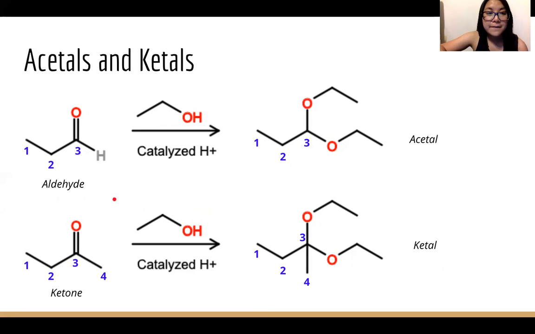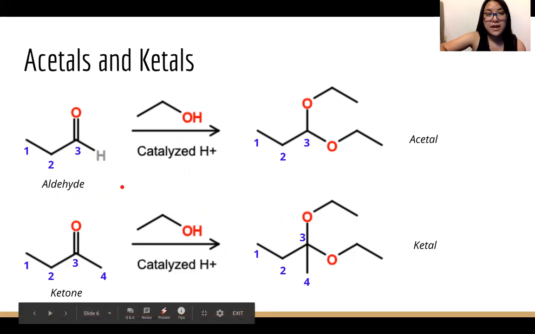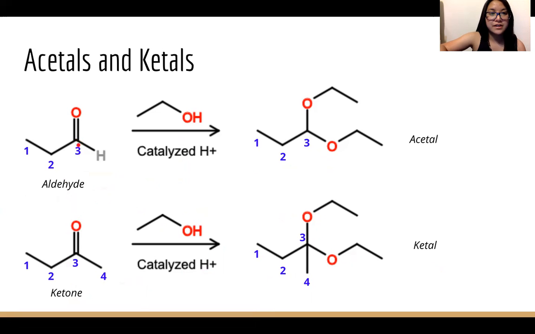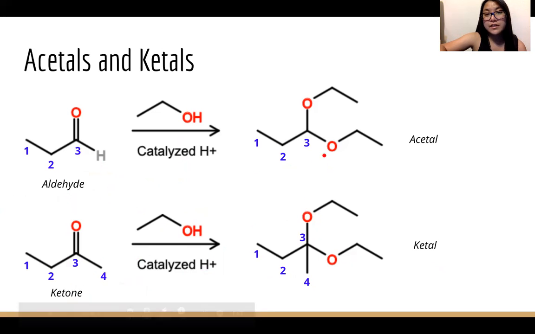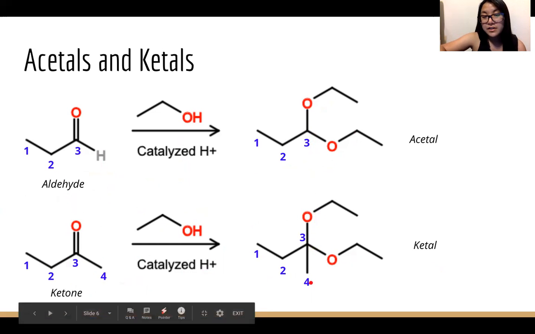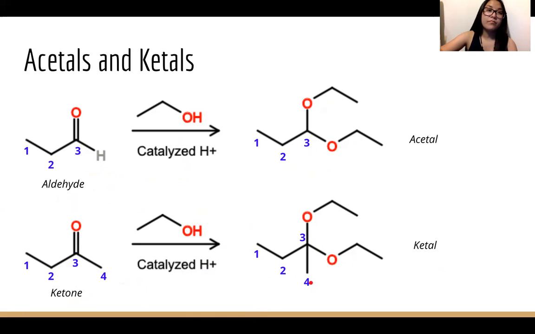So see, I provided an aldehyde and a ketone. The reagents are the same, and then this aldehyde results in an acetal, and this ketone results in a ketal. So see, the only difference is that instead of a hydrogen, the ketone has an additional carbon. And then if you look at the products, they're basically the same, except the ketal has an additional carbon attached.